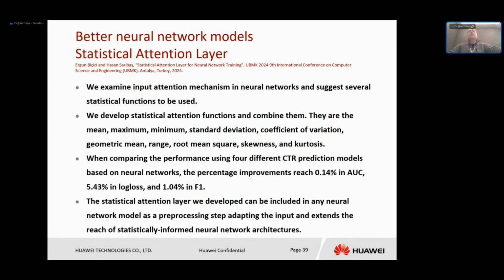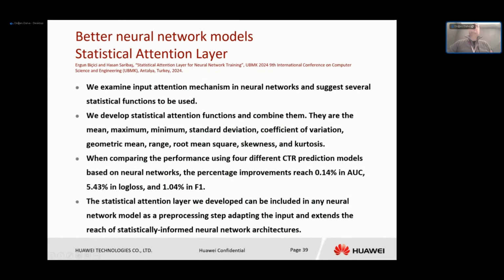And for this layer, to develop this statistical attention layer, we use different statistical functions. So mean, maximum, minimum, standard deviation, coefficient of variations, geometric mean, range, root mean square, skewness, and kurtosis. So these statistical functions are used to obtain the attention, and we combine the final output.